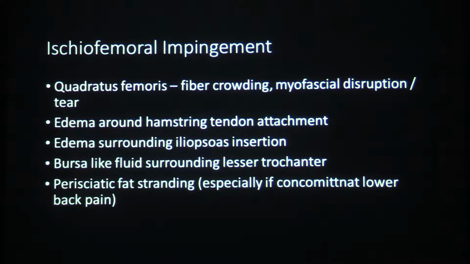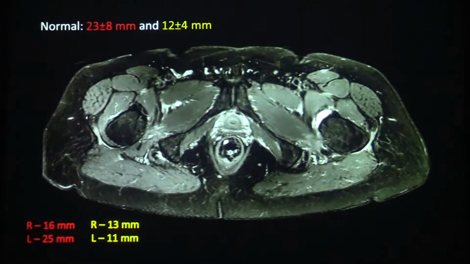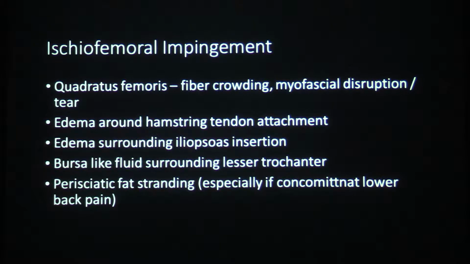So what do we see when we perform an MRI? As far as the quadratus femoris goes, we see fiber crowding, we see myofascial disruption up to a tear. We see edema around the hamstring tendon attachment, and we see edema around the iliopsoas insertion. We see bursa-like fluid surrounding the lesser trochanter, which we saw before, and we can see perisciatic fat stranding, especially if we have back pain, if it comes along with sciatica.